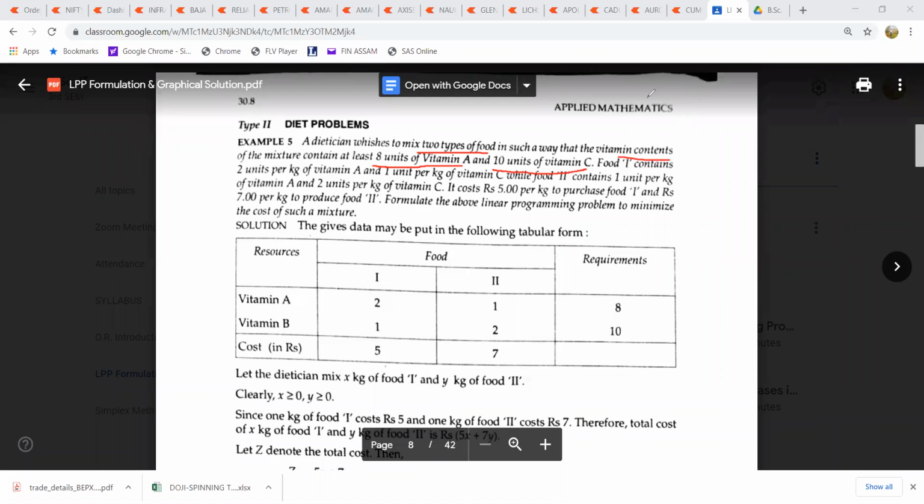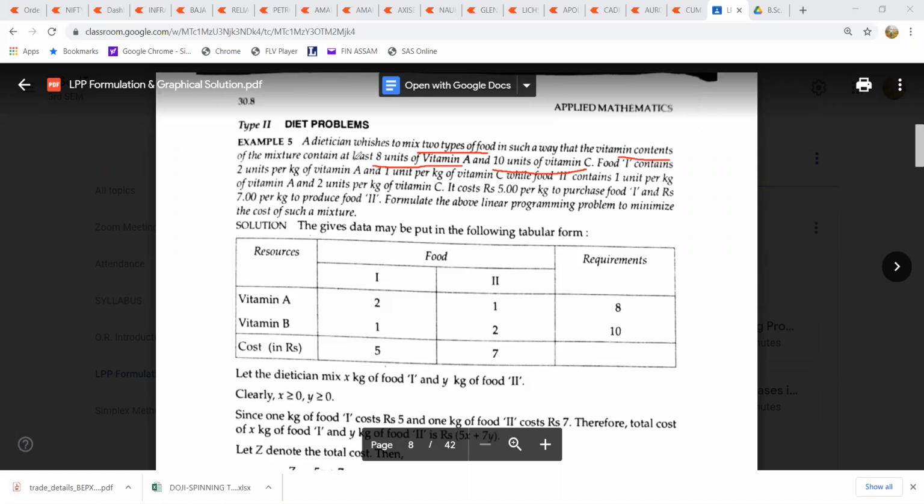So the dietitian is going to mix two types of food to prepare the diet, and the requirement is at least 8 units of vitamin A and 10 units of vitamin C.